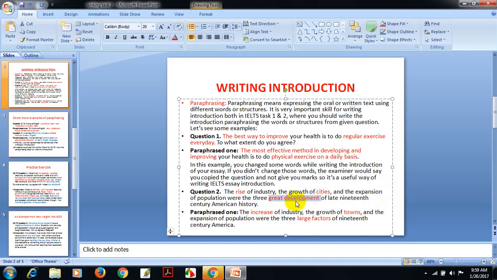You don't have to copy, just change: great development, large factors, large achievements, large improvements of 19th century America.